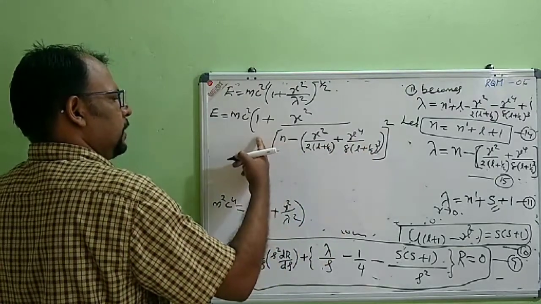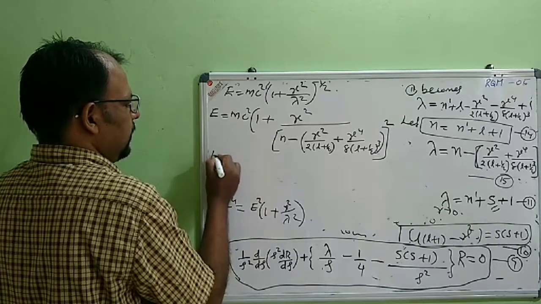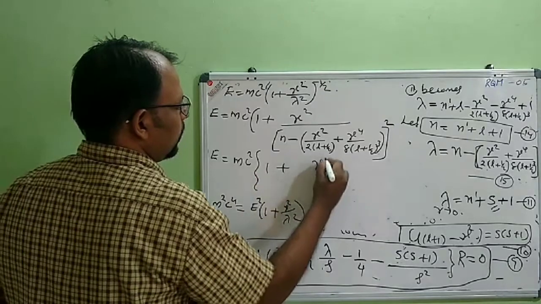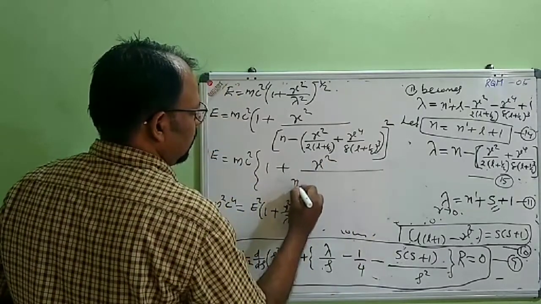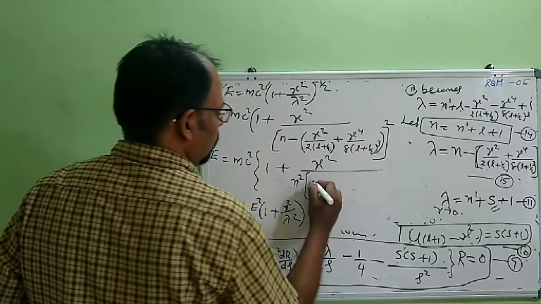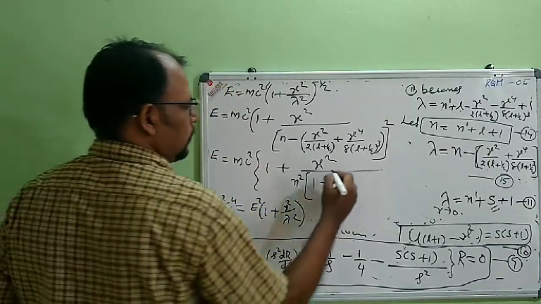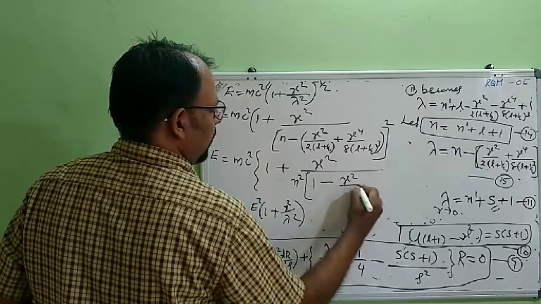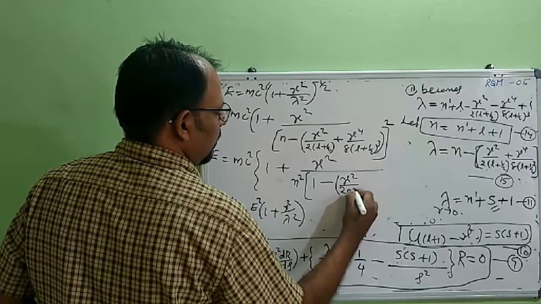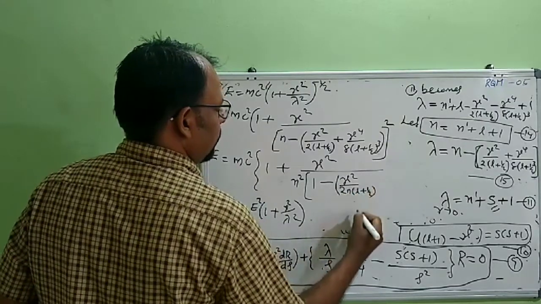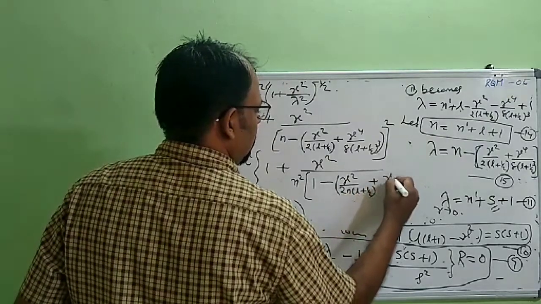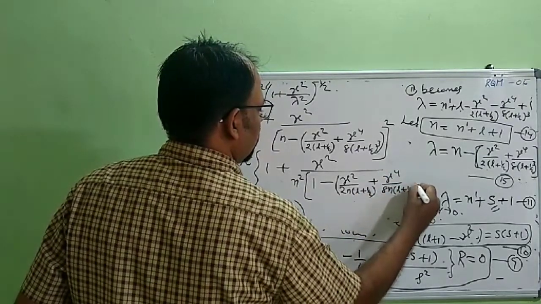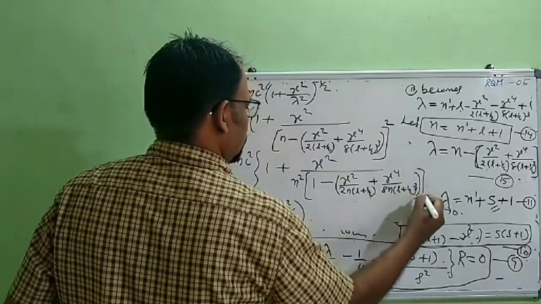When I take n outside, it will be n square. So I can write e equal to mc square into 1 plus gamma square by n square into 1 minus gamma square by 2n L plus half plus gamma raised to 4 by 8n L plus half the whole cube, the whole square.